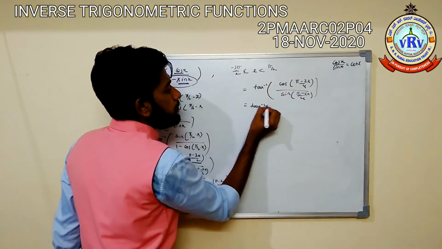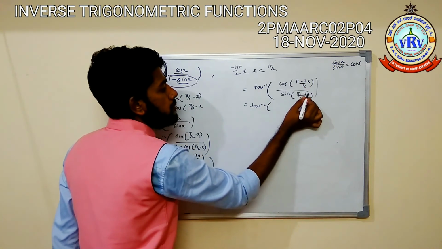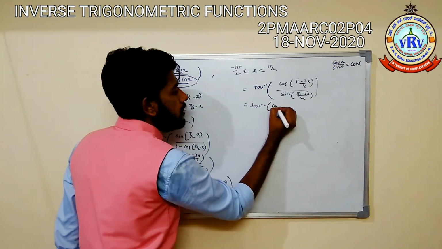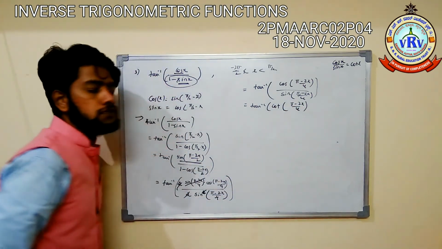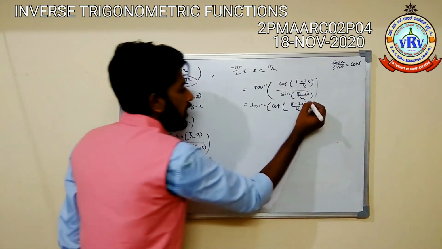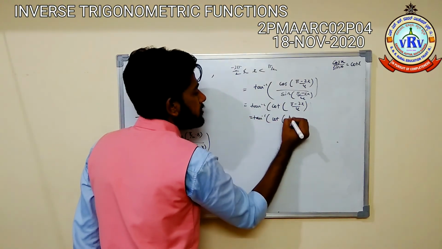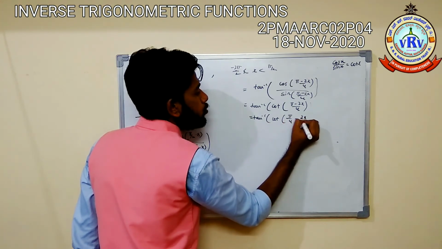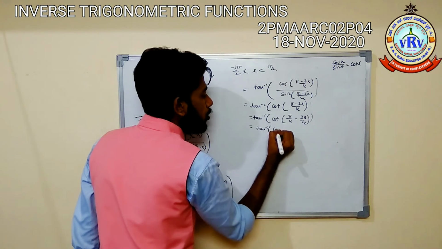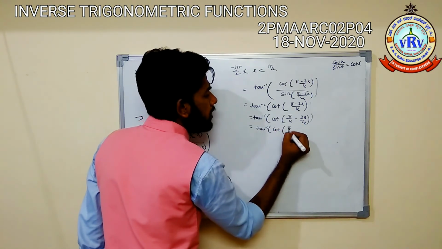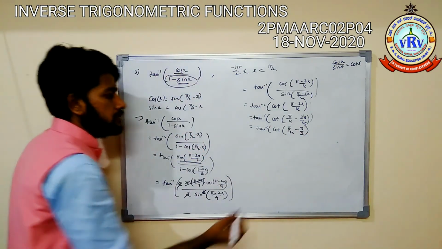So this becomes cot (pi minus 2x) by 4. So I can write this as tan inverse of cot, splitting this, (pi by 4 minus 2x by 4), or tan inverse of cot of (pi by 4 minus x by 2).